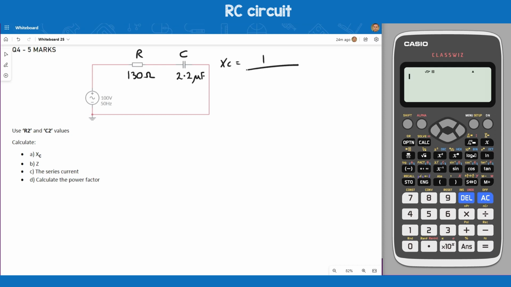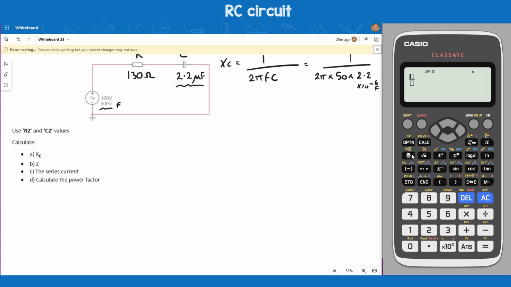XC is 1 over 2 pi FC, and that is equal to 1 over 2 pi times the frequency, and we're given the frequency, it's always in hertz, 50 hertz, and the capacitor value is 2.2 microfarads. So that is 2.2 times 10 to the minus 6 farads.